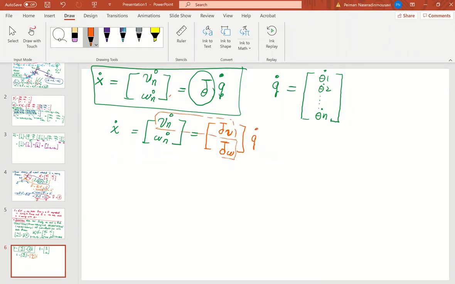So I promised you that we're going to have two parts for the Jacobian matrix. And I said the Jacobian matrix is 6 by n, always 6 by n, if you have an n degree of freedom system, n links and joints. Next class I'm going to cover the Jacobian matrix.